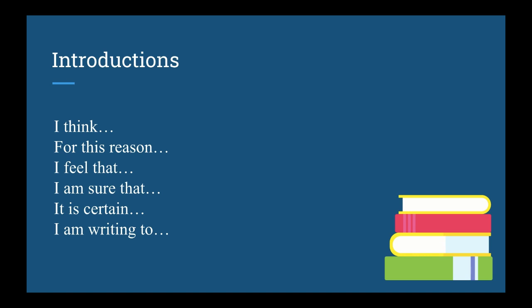Or, it is certain that school should teach art. Or, I am writing to say that you should read the book Matilda. These examples, when you introduce, you need to make it clear what your opinion is.